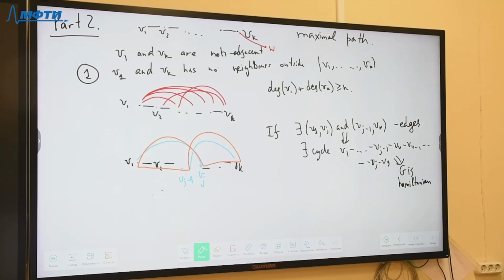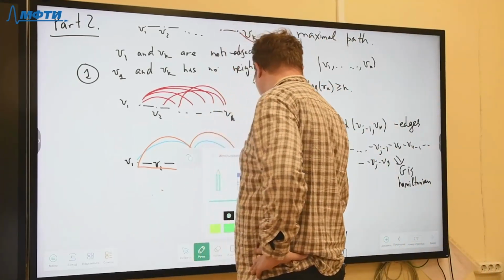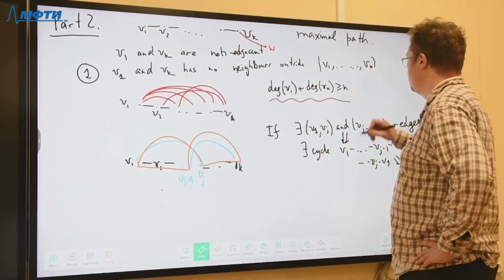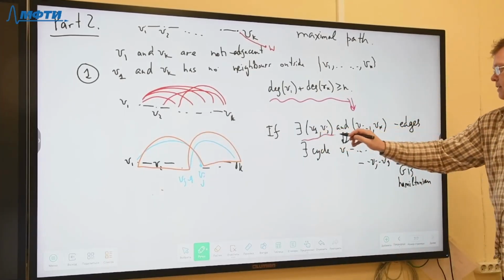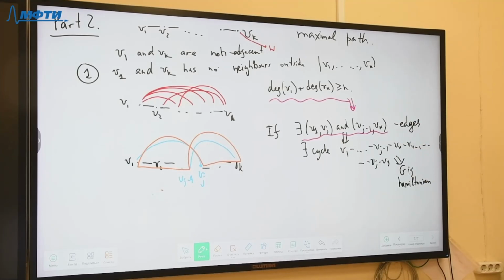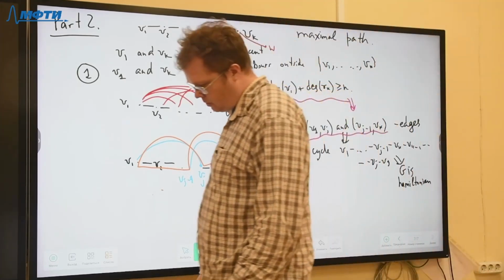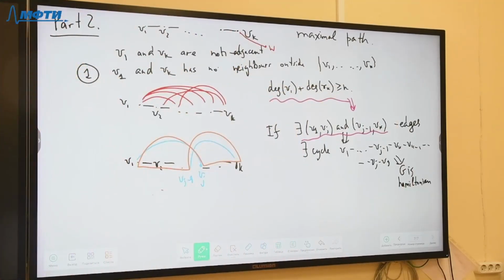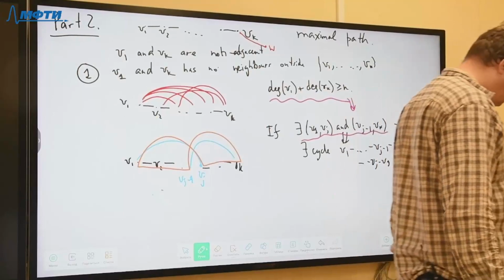I just want to be sure that if I have this inequality here, from this I can prove that there exists some j such that these two are edges, just from the proposition that the sum of the degrees is greater than or equal to n.